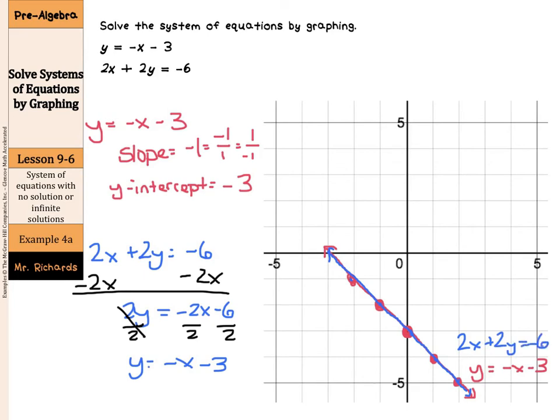And so what does that really mean? Well, both equations have the same graph. Any ordered pair you put in here will work for both equations. Therefore, there's infinitely many solutions for the systems of equations, and in fact, that is our answer.